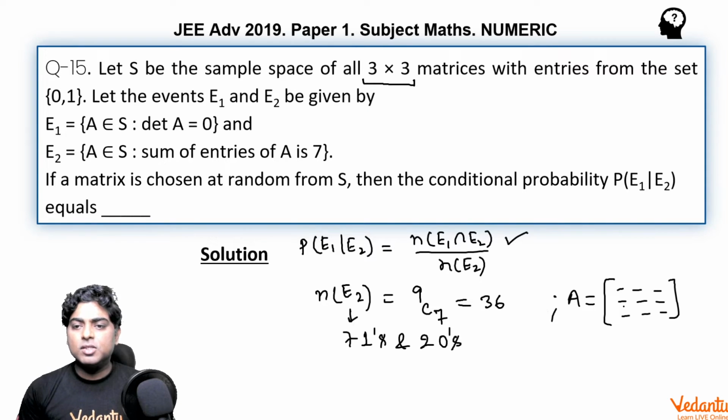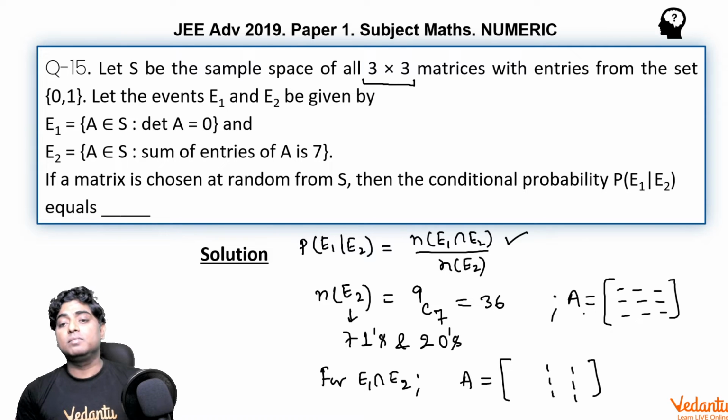Now if you choose 2 places where 0 should be kept in the same row or same column, then what will happen? I mean, I want to say that for E1 intersection E2, if I make two rows or two columns identical, the value of determinant would be 0.